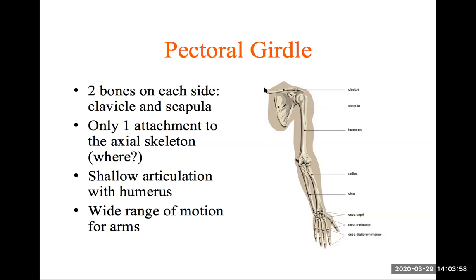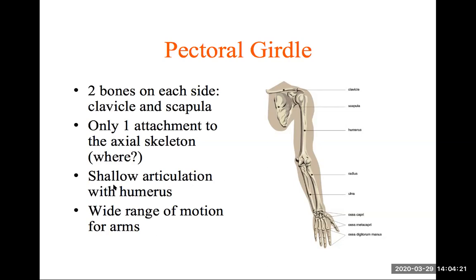If you've already started to study the bones, you would find that the only place there's an articulation between the pectoral girdle and the axial skeleton is here at the sternal end of the clavicle, which forms a joint with the sternum, okay?